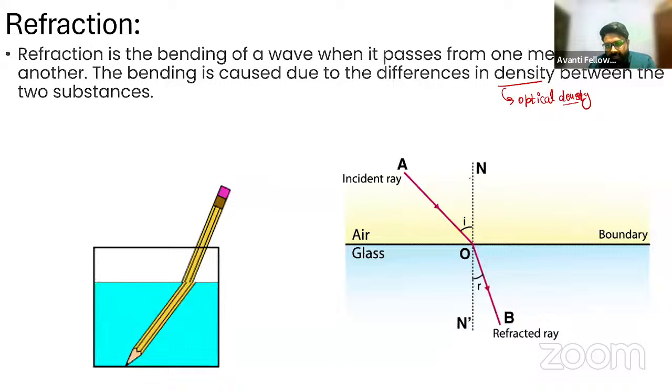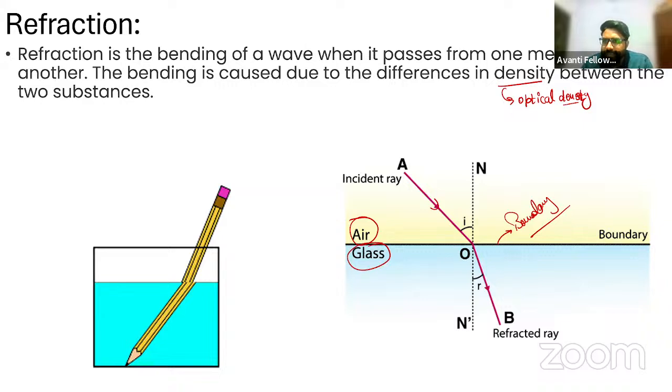So if you see here, there is a normal line, line of normal. And here we have a surface which is called the boundary. This is nothing but the boundary, which is the interface between these two media. This medium is air and this medium is glass.